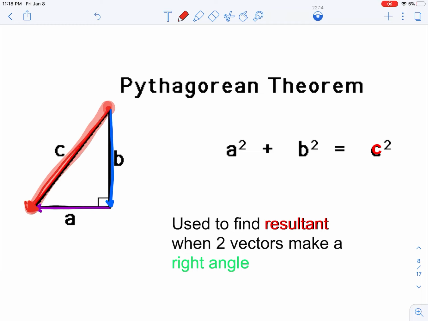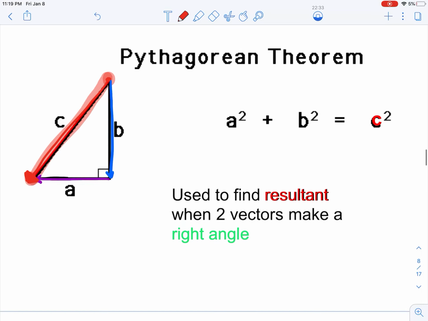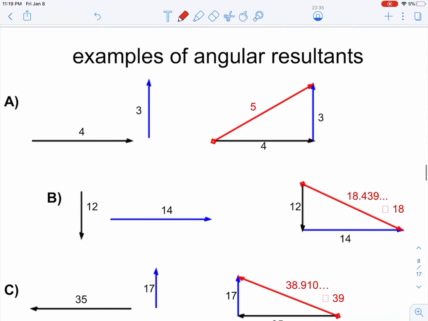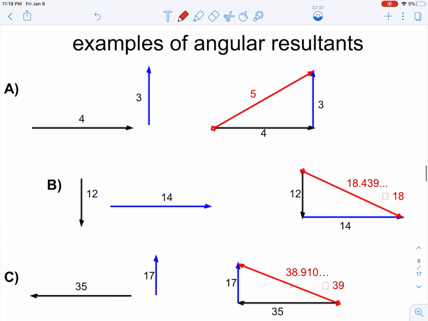Why? Because I went from here to this corner. That is the direction. We'll talk about how that should be drawn in more detail in the future in class. I'm calculating using the Pythagorean theorem, where A and B are my sides and C is the hypotenuse, and you will be asked to do some calculations using this Pythagorean theorem formula as well.